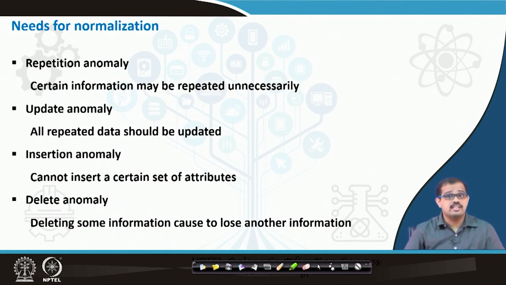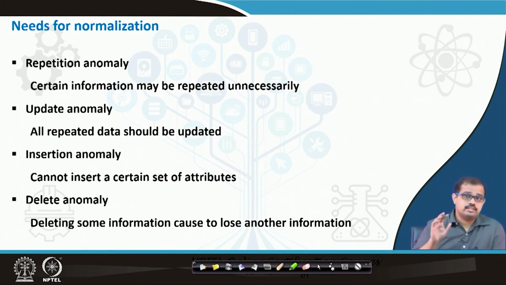Then the insertion anomaly, where you are inserting data, can also be removed because of normalization. Then you have the delete anomaly: deleting some information causes the loss of other information, and that anomaly can be removed with normalization. That is exactly why we need normalization.